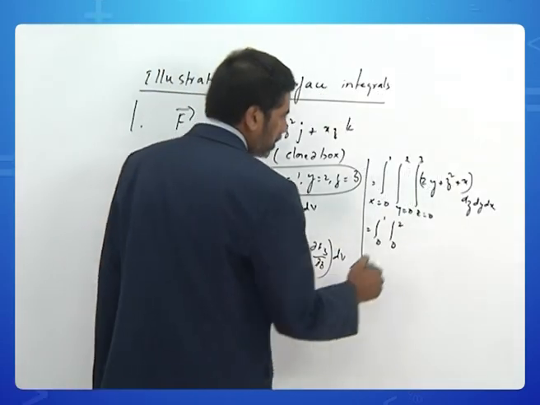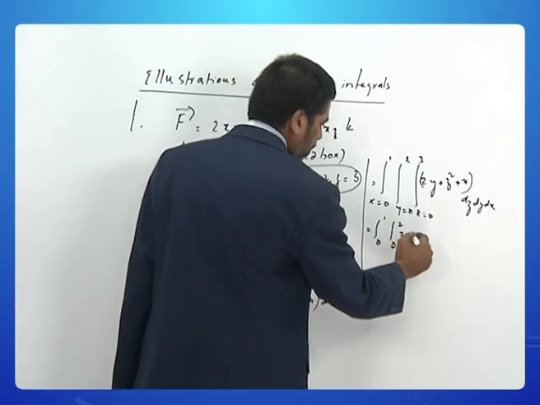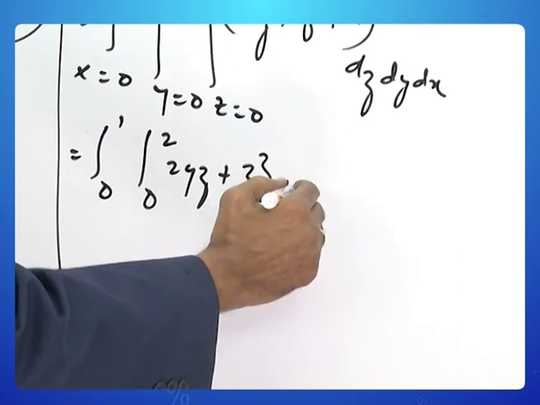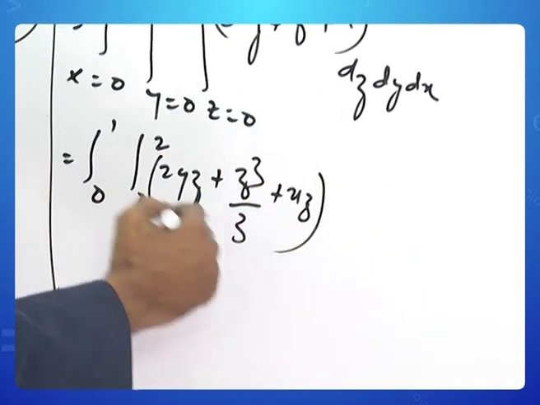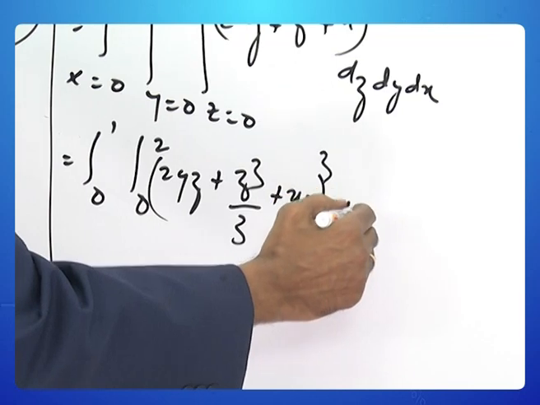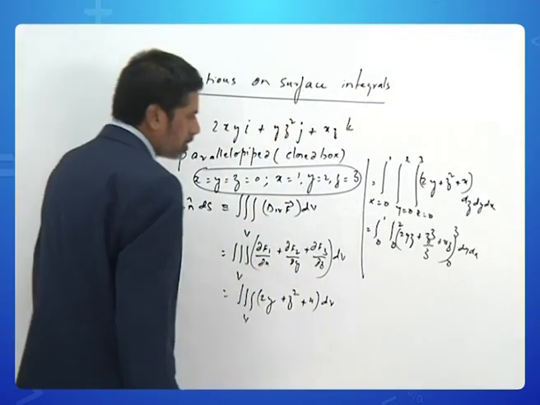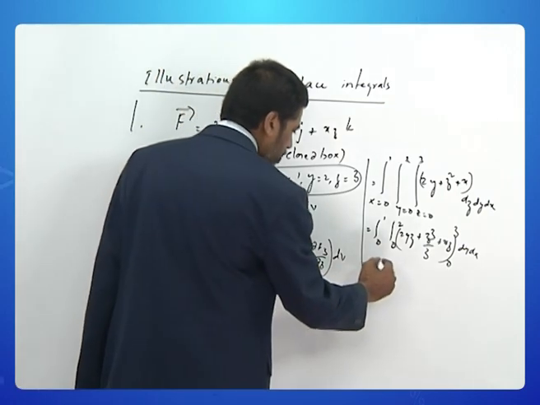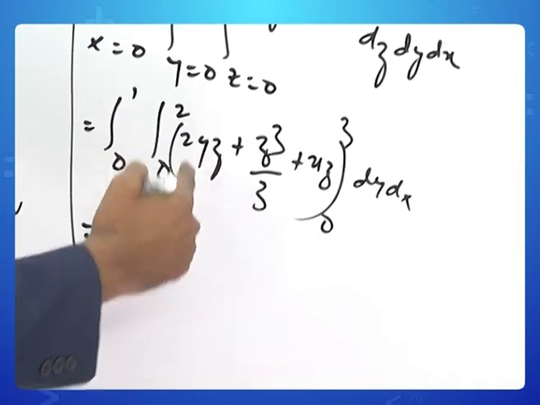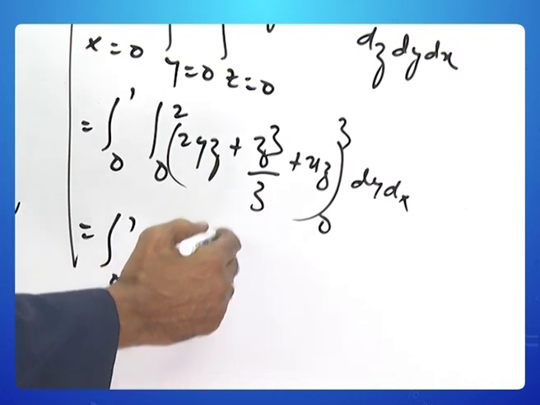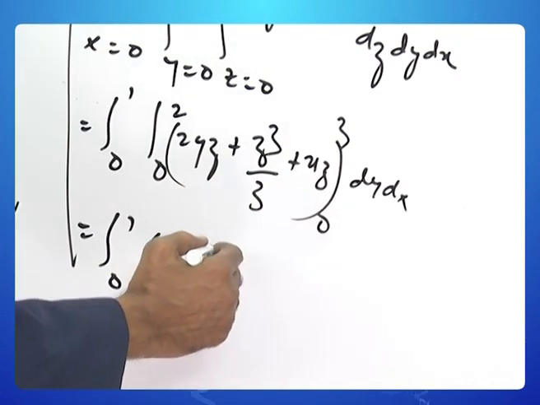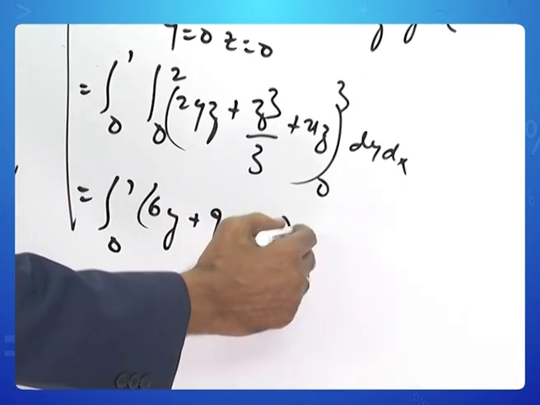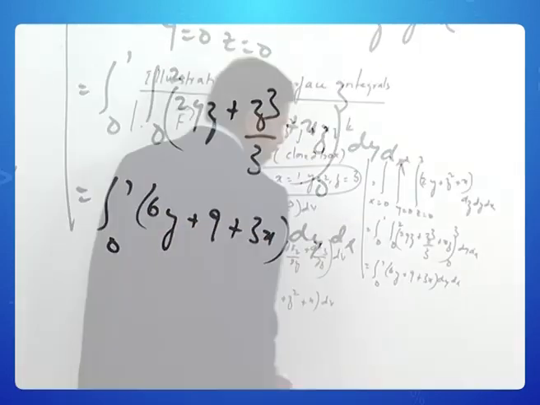With respect to z, we will get 2yz plus z cube by 3 plus xz from 0 to 3, dy dx. So apply the limits in place of z and you will get, from 0 to 1, when z is 3, 6y plus 27 by 3, which is 9, plus 3x dy dx.